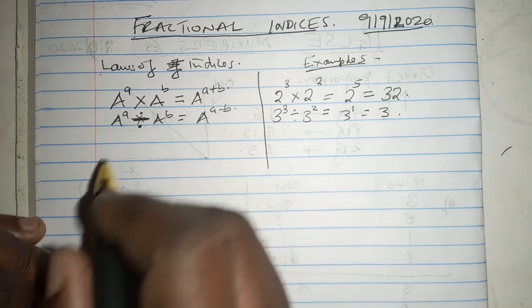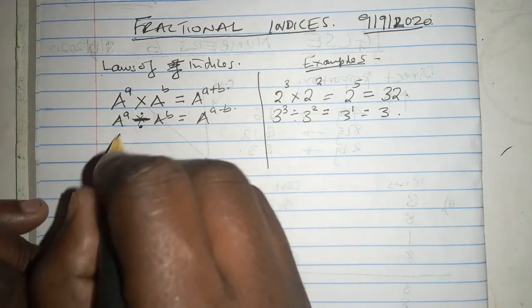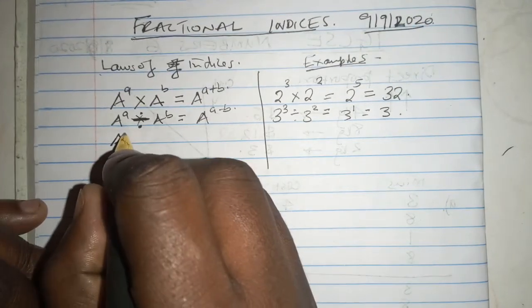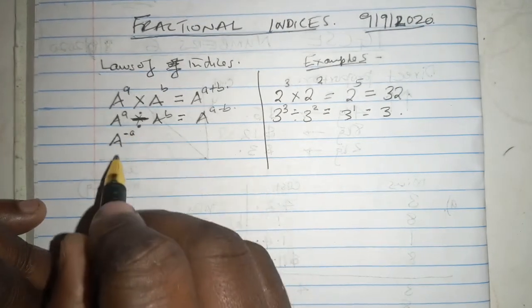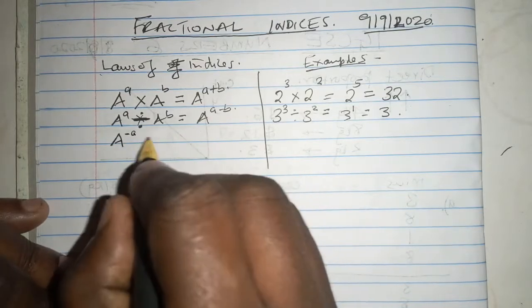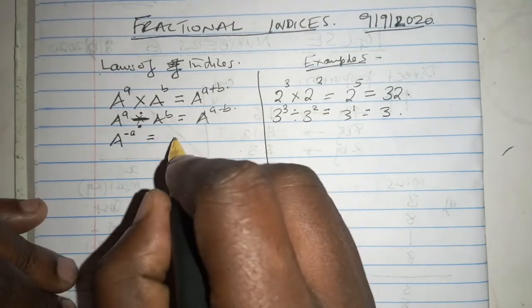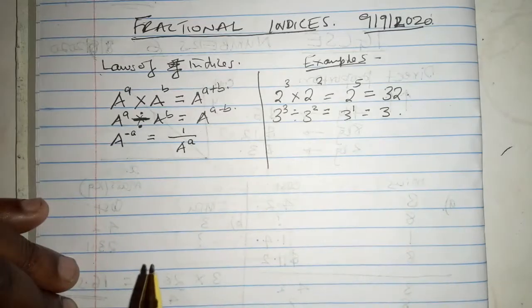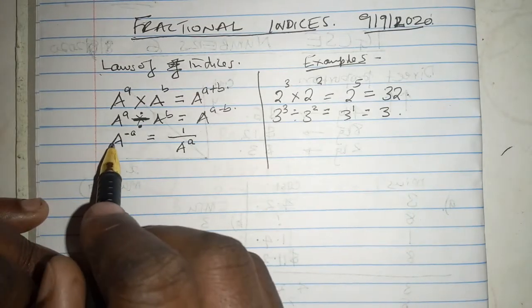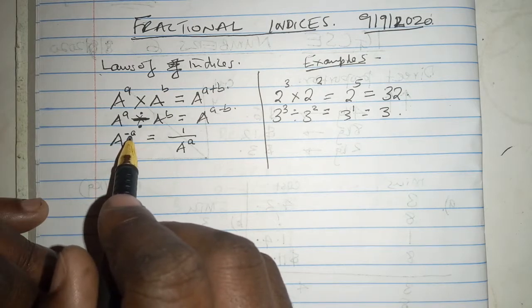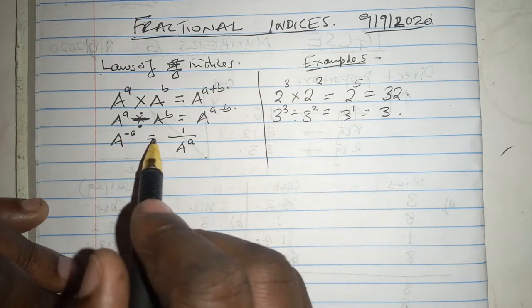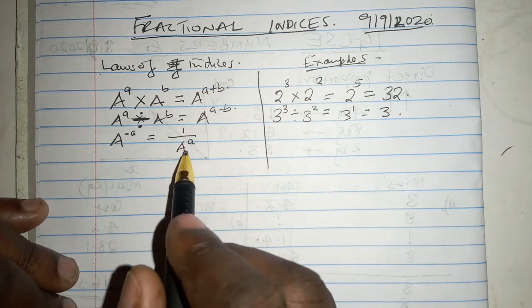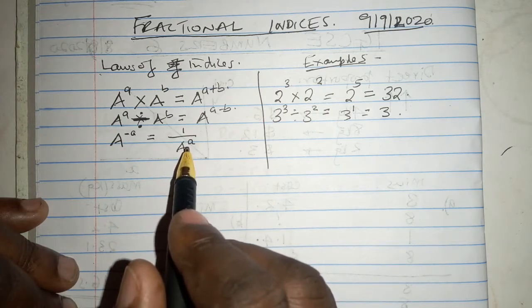It is important also to note that a raised to power minus a is the same as 1 over a raised to power positive a. When a number is raised to a negative index, it is exactly equal to the reciprocal of the same number raised now to a positive index.